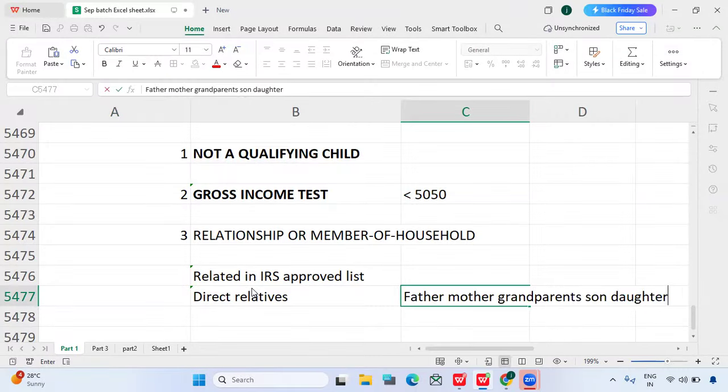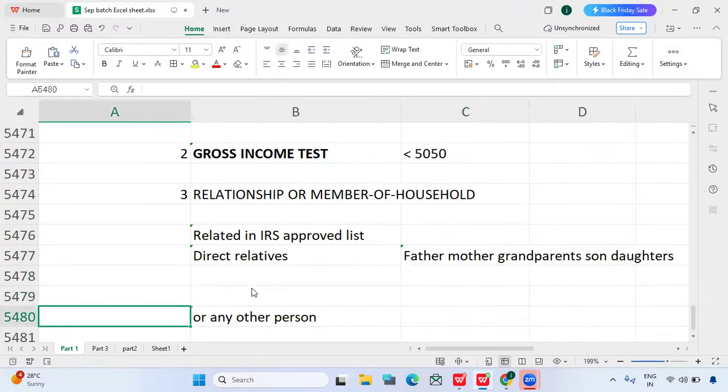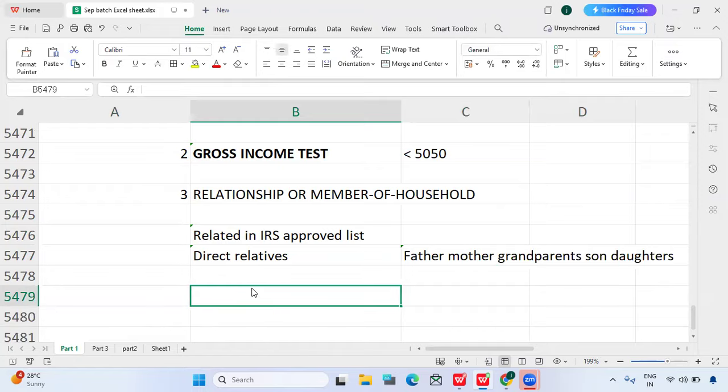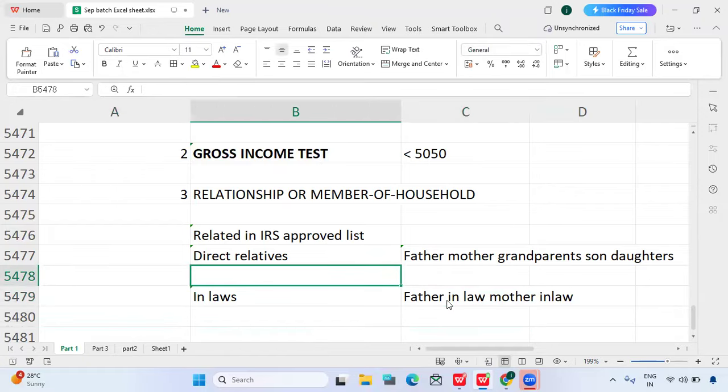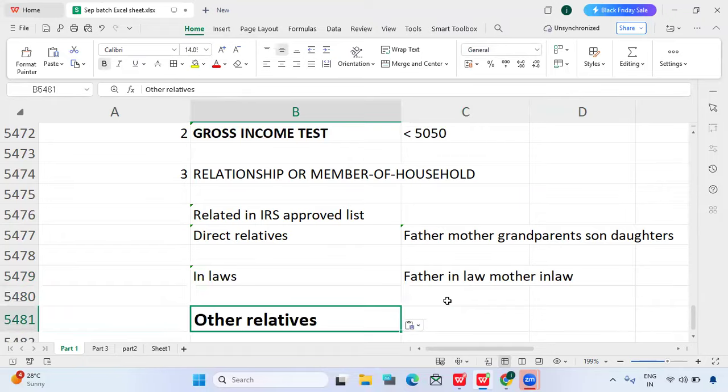Apart from that, we have in-laws. In-laws also count as relatives. In-laws means father-in-law, mother-in-law, son-in-law, daughter-in-law, brother-in-law, sister-in-law. Everyone comes under the IRS approved list. Only those? No, we have other relatives as well. So direct relatives and in-laws, and also other relatives.